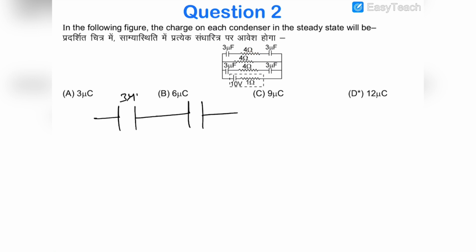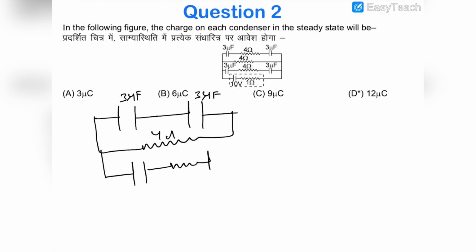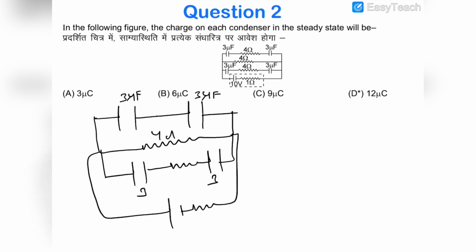So this is 3 microfarad and this is 3 microfarad, and the current would be flowing from this middle 4 ohm. And similarly in the lower branch there would be no significance of that 4 ohm, and therefore this is 3, this is 3, and in the lowest branch there is a resistance 1 ohm, and this is 10 volt.